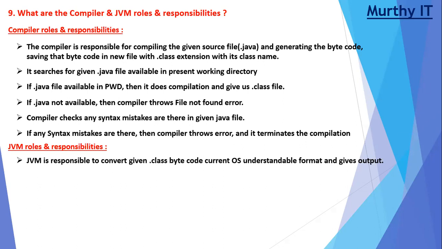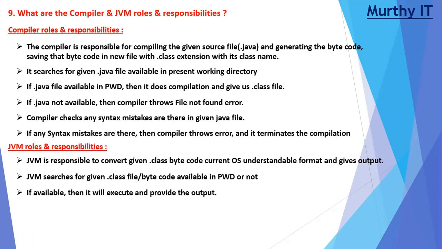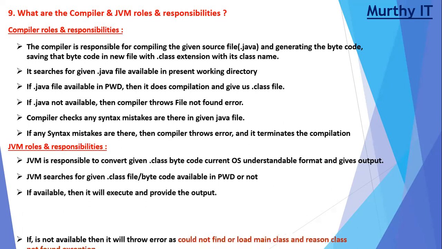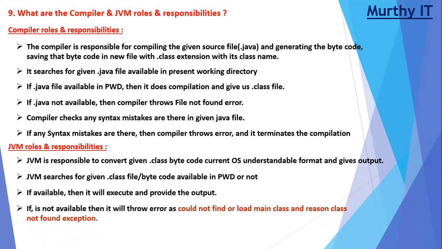Then it gives the output. The JVM searches whether the given .class file is available in the present working directory. If it is available, it will execute and provide the output. If it is not available, it will throw the error: could not find or load main class.